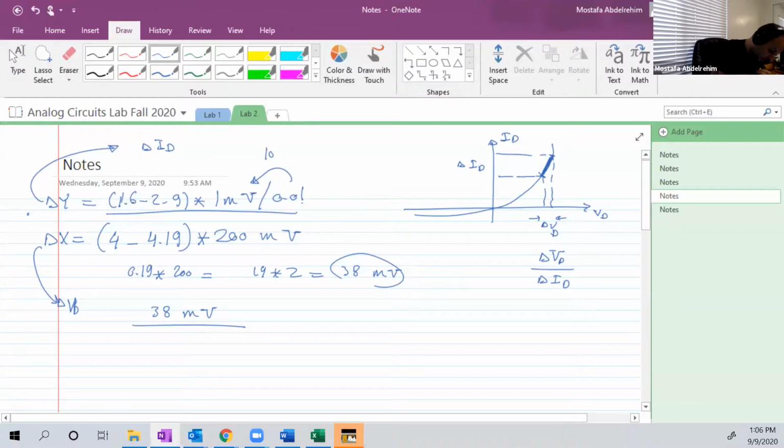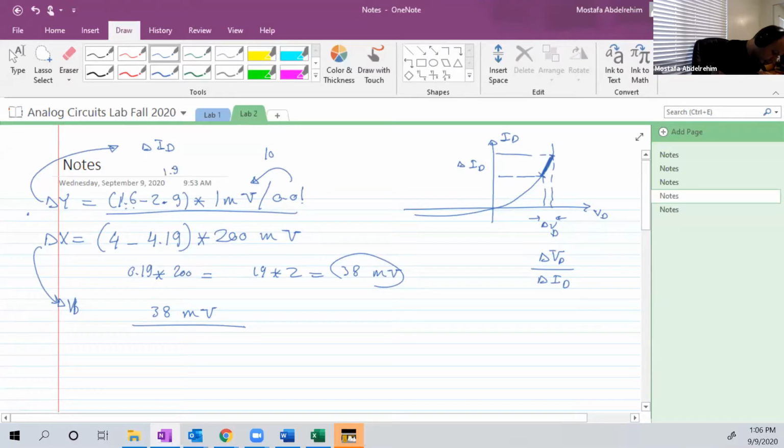Let's write it again. This is 1.6 minus 2.9, which is around... how much is this? 0.9, right? No, it's not.